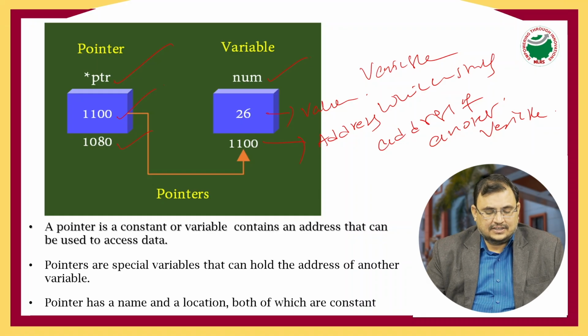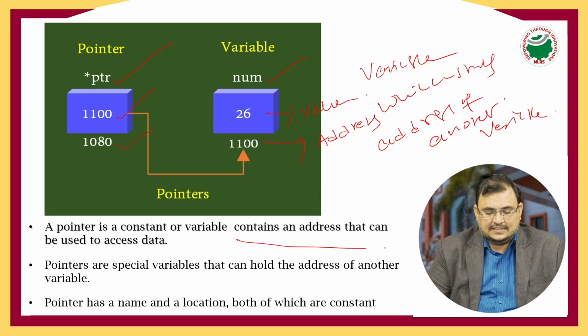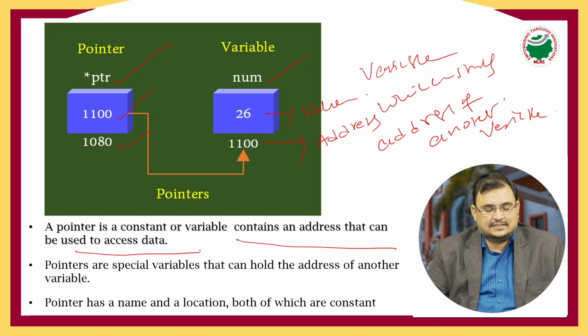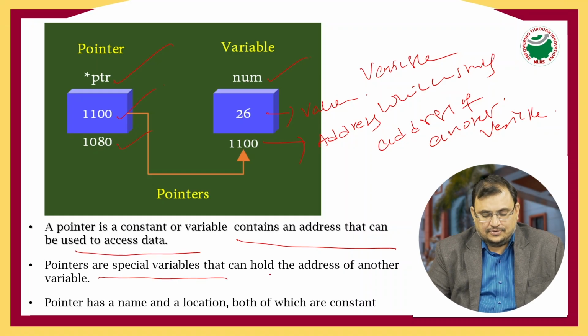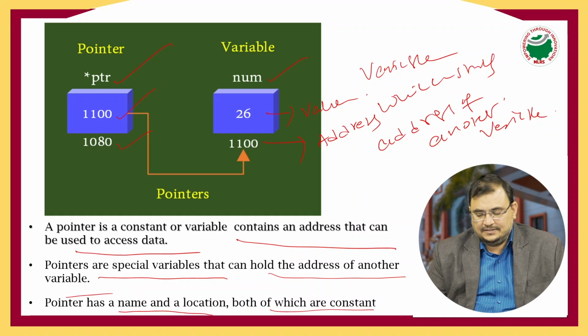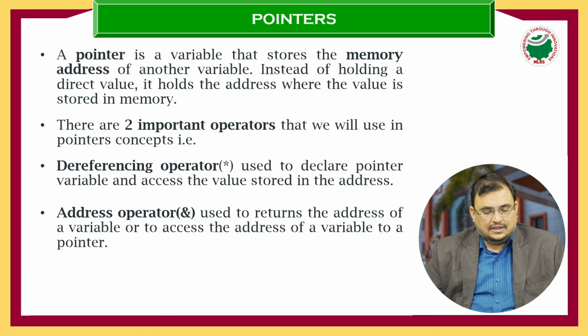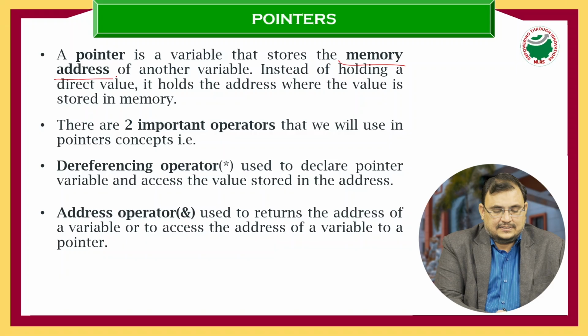A pointer is a constant or a variable that contains an address that can be used to access data. Pointers are special variables that can hold the address of another variable; the pointer name and location are both constant. So a pointer is a variable that stores a memory address.